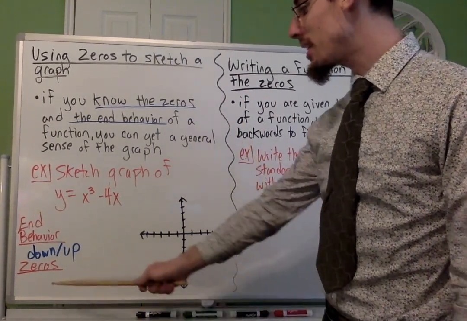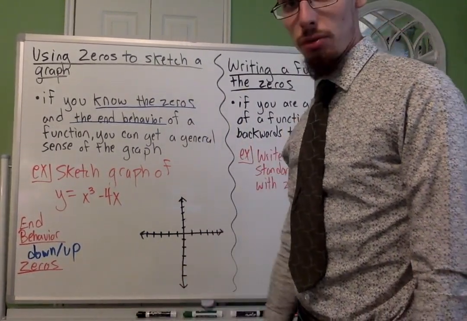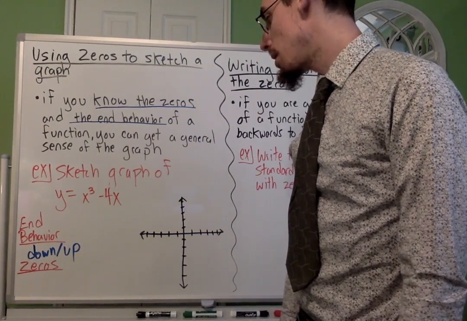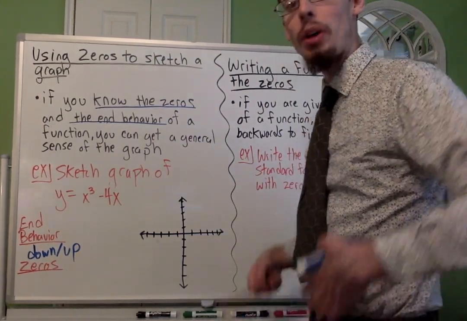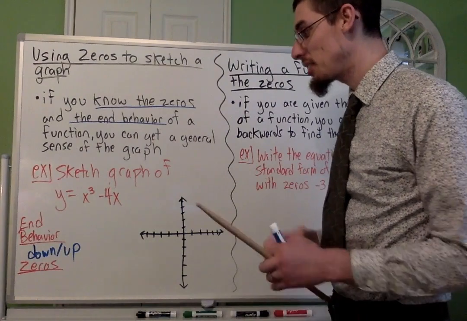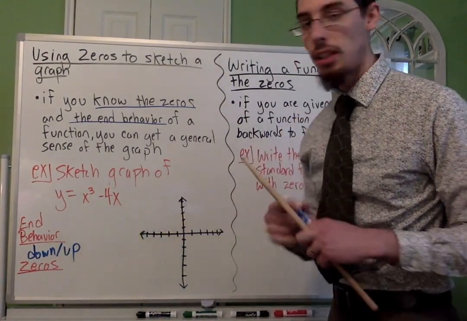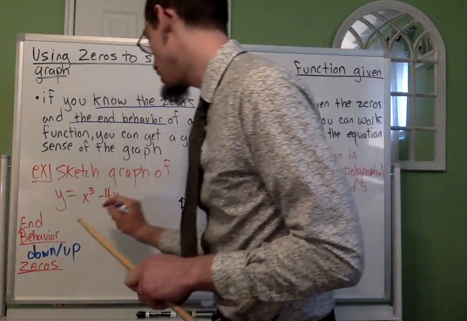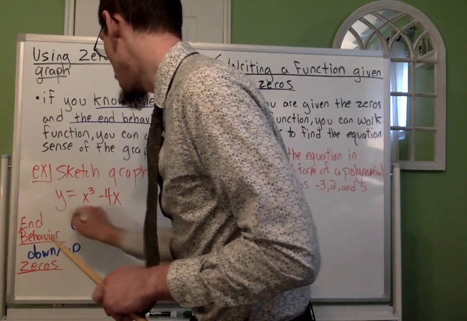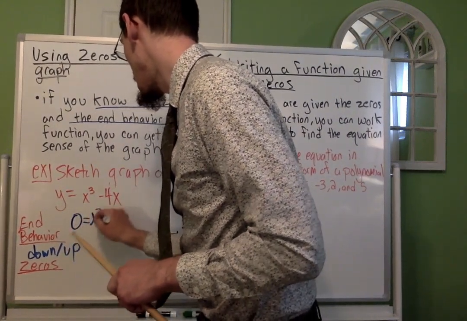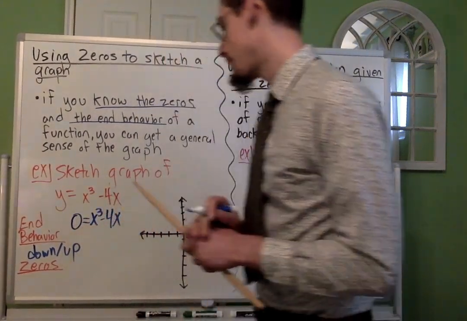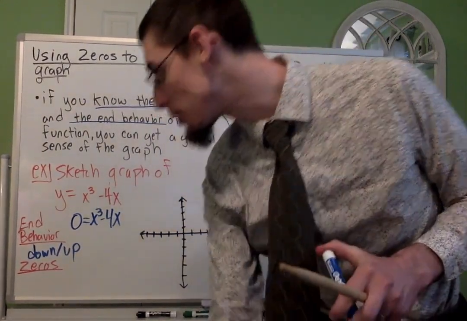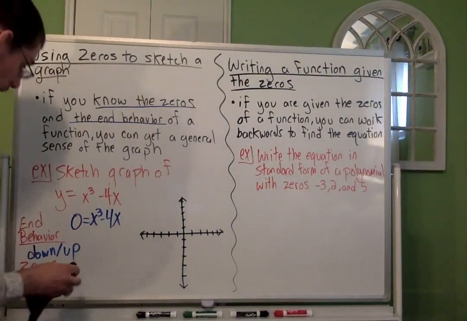Next, we need to get the zeros. Now, to get the zeros, we're going to have to go through that same process, right? First, let's make y equal 0. Let me write this smaller, give myself some room.